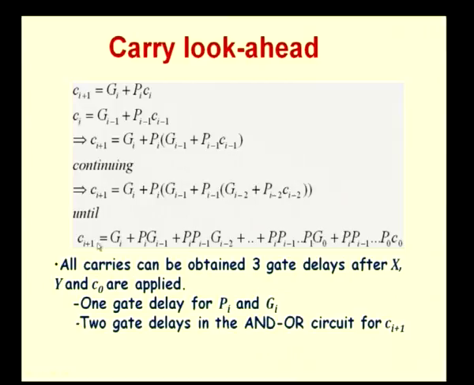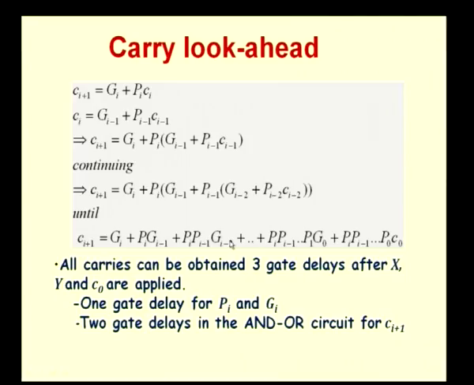So, I can see that every Ci plus 1 that I have can be written as a function of the P's, the G's and this C naught. Okay. So, you can see what we have done by rewriting this equation like this. What we have actually tried to do is, now remember the P's and G's are only dependent on the X's and the Y's.